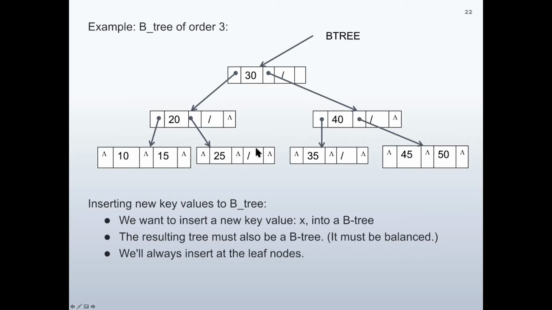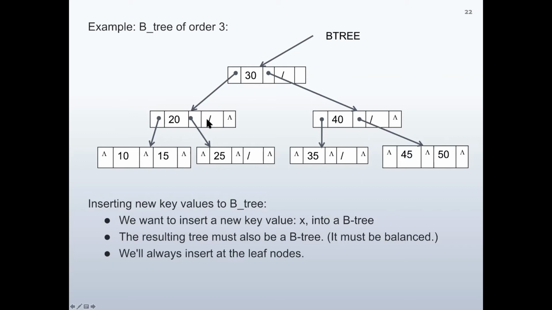And for this subtree, we have key value 25, which is larger than 20. If we consider this subtree, all the values stored here are less than 30. And also we have 40 here, which is larger than 30. And we have 35, which is between 30 and 40. And this link field points to a node having key values 45 and 50, which are larger than 40.